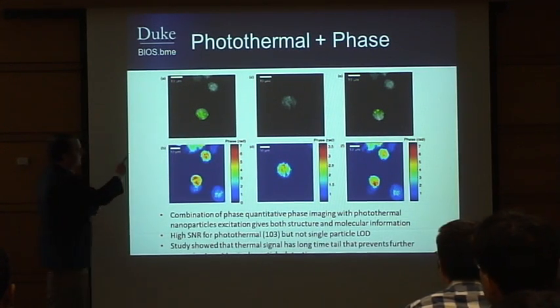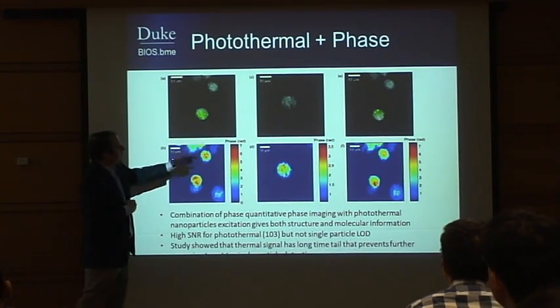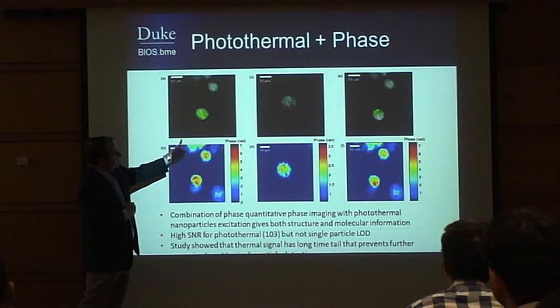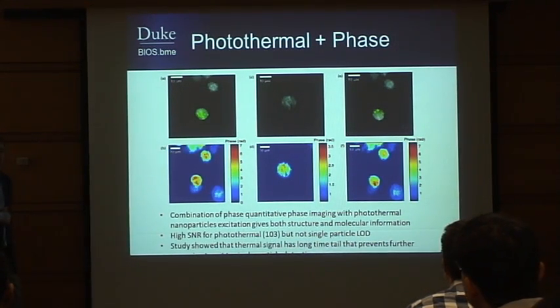And then the green I'm showing here are the differential images. Just to give you an idea, the beam is encircled by the red. So you can see the cells that are inside the beam light up, the ones that are outside the beam do not. We got really high SNR on this with a very short acquisition time. But we didn't quite get down to that single nanoparticle detection that we were going for.